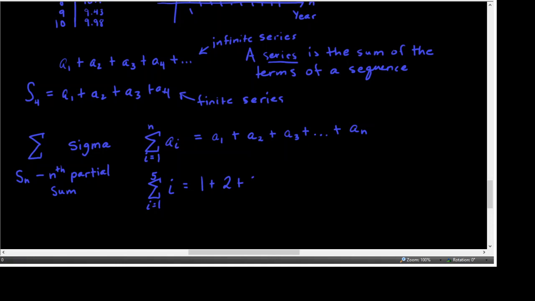Now put 3 in for I plus. Now put 4 in for I plus. Now put 5 in for I. And that's S sub 5, the 5th partial sum. And of course, since you now have numbers, you can add those. I believe that sums to 15.